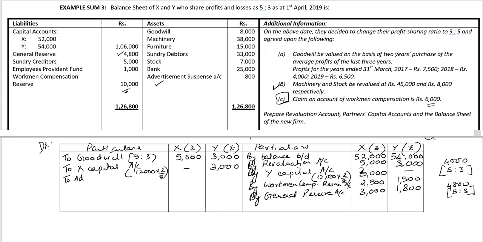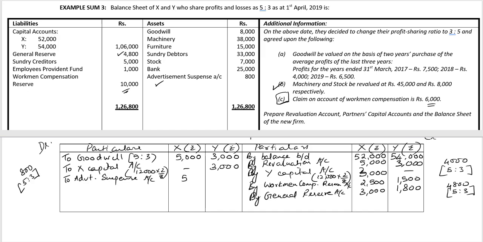To advertisement suspense account, 800 we need to distribute in 5:3. 500 for X and 300 for Y. So all the items have been dealt with.